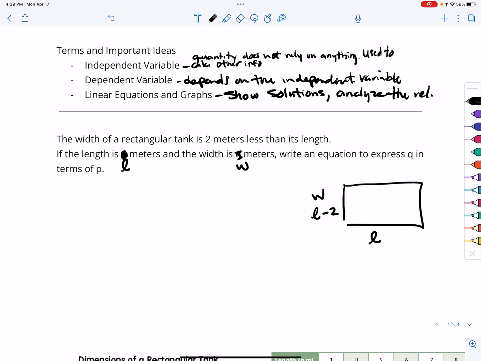We're going to be writing an equation to express our width in terms of our length. And this is going to be key for us here: in terms of what? We are describing the width, so we are looking for the width.